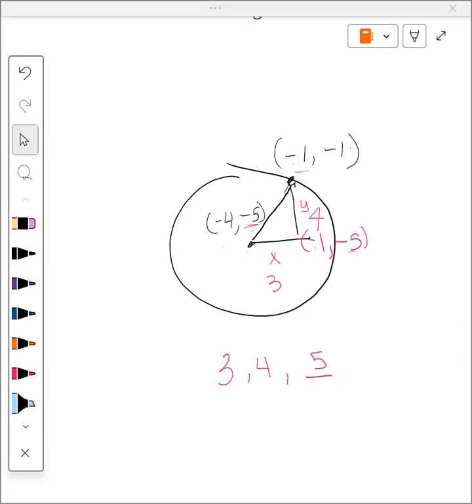So our equation is x minus -4 becomes x plus 4, the quantity squared. I'm using the coordinates of the center. Plus y minus -5 becomes y plus 5, the quantity squared, equals your radius, which is 5 units. This is 5 units right here. It's a special 3, 4, 5 triangle. 5 squared is 25.